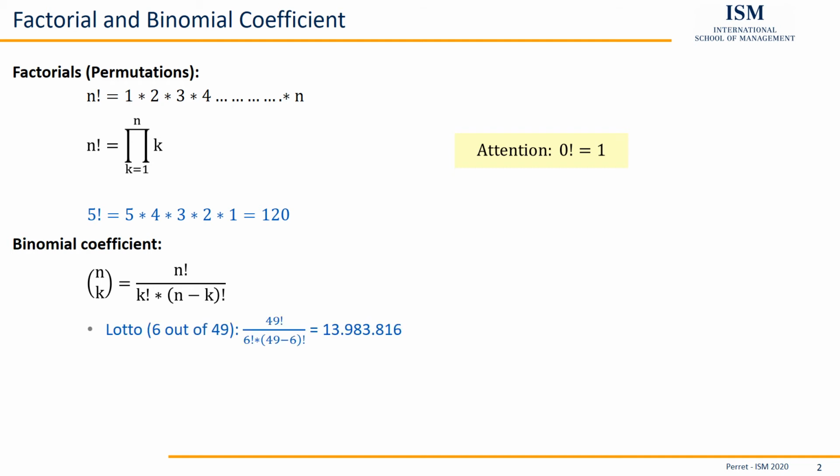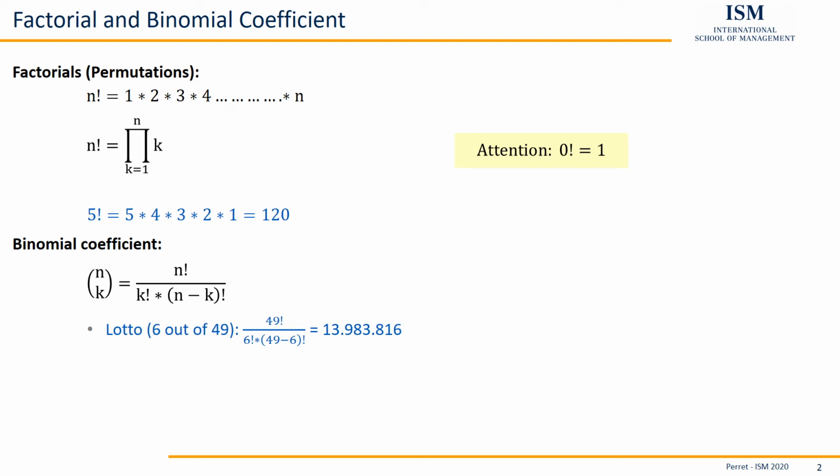This becomes a bit clearer when we take a look at some examples. Let's start with this one here. If you know the lottery, in Germany it's 6 out of 49. Then you can consider how many possible outcomes there are for the 6 out of 49.